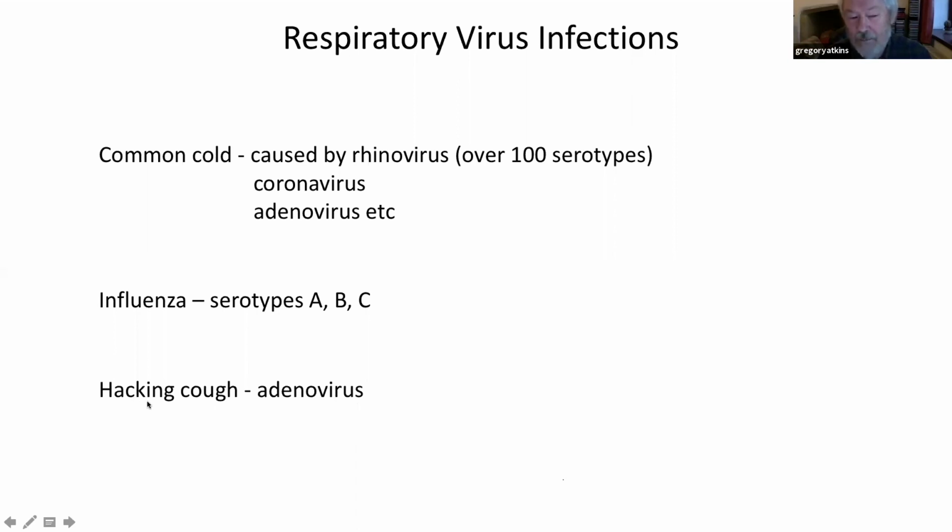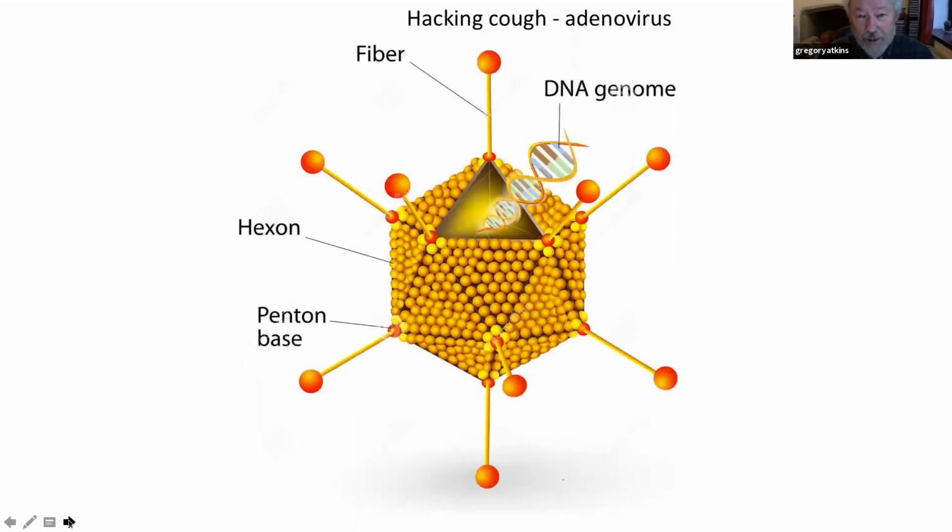The reason people didn't pay it much attention was because it didn't kill any people. It causes a very irritating cough for 2 or 3 weeks. So that's another example of a pandemic which has occurred recently. Here's an adenovirus. It's a DNA virus which has an icosahedral structure.